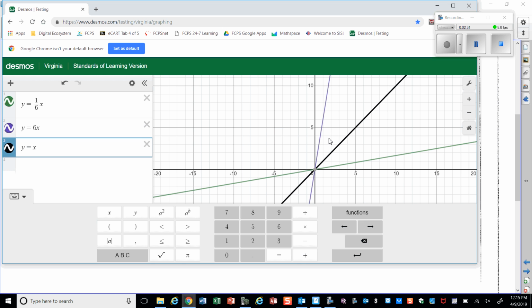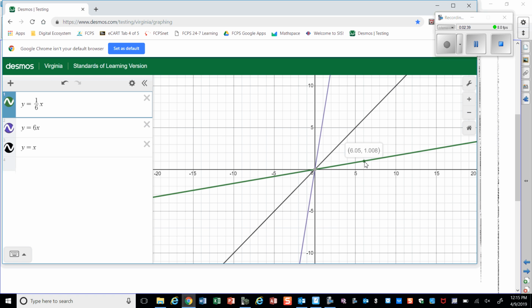Okay, and if I look at each point, here's a point on the original one. The original one is green. So this point here is at 6, 1, and then the inverse of that would be 1, 6 because the x and y's are switched.